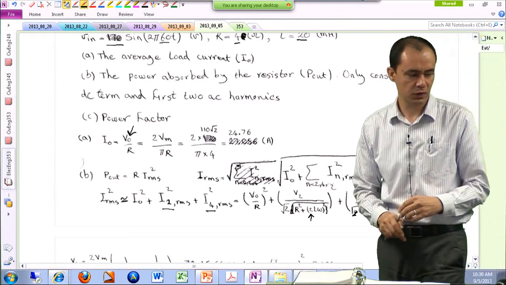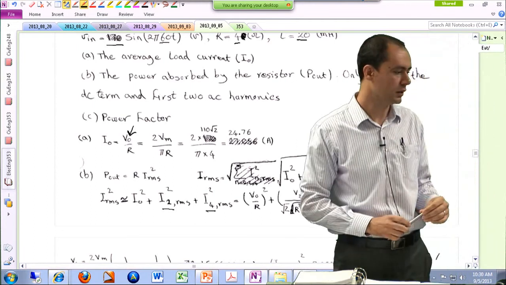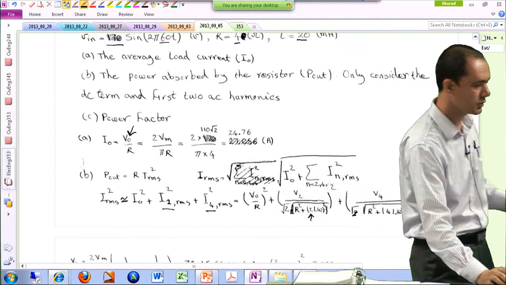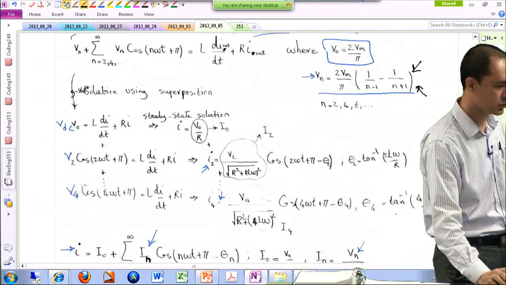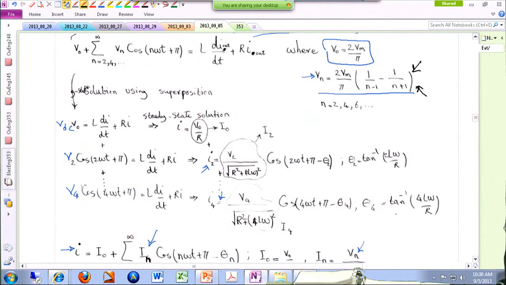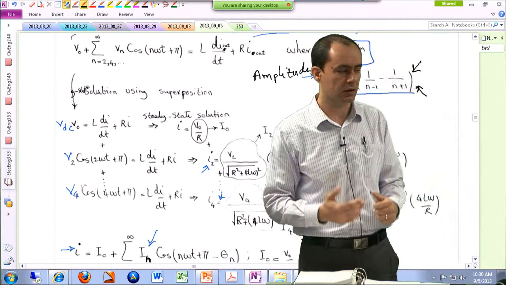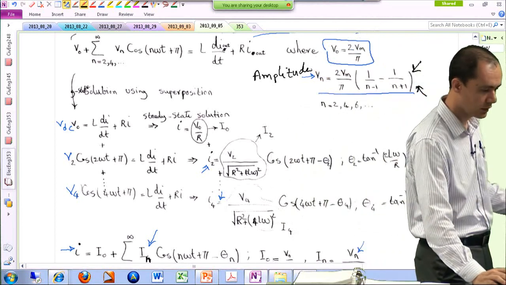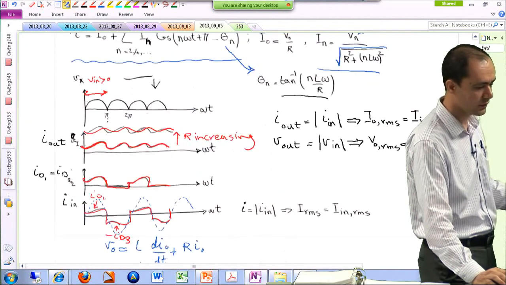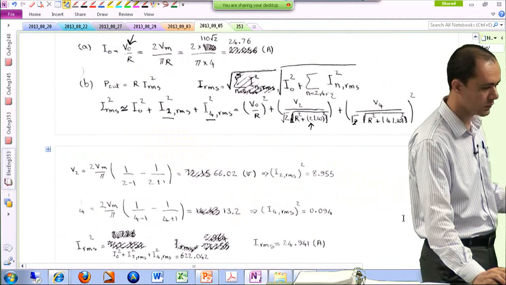The reason the square root of 2 appears is that I'm trying to get the RMS value. Please remember, this expression gives you the peak, or amplitude, of the harmonic at a particular frequency. If you are interested in the RMS value of a particular harmonic, you just have to divide by the square root of 2. So that's what I'm doing here.